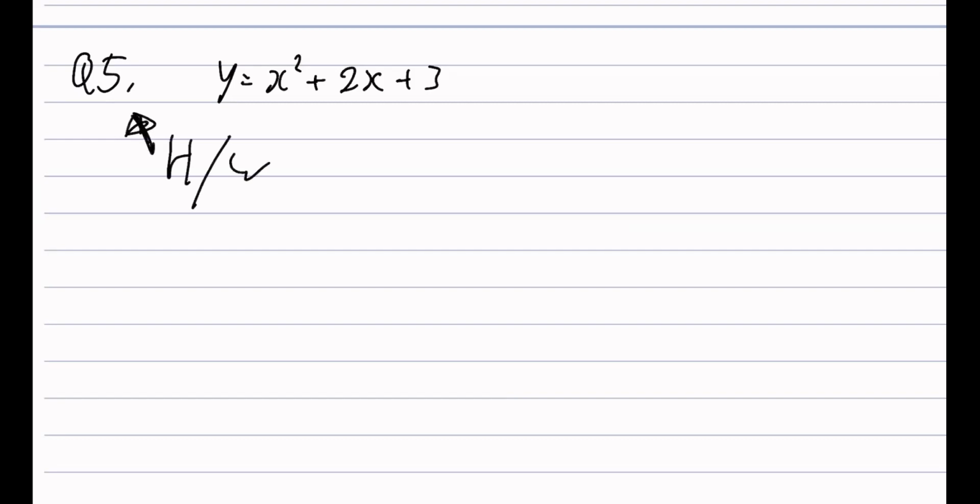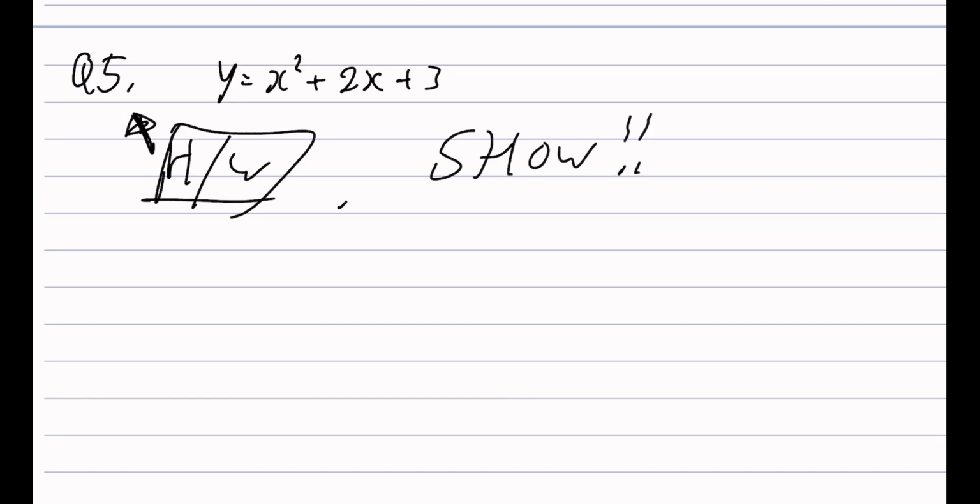Homework. To show left hand side equals right hand side, just find dy by dx, find d2y by dx squared, then square it and cube it. Just make sure you know the notation. Then equate to 4 times y, 4 times x squared plus 2x plus 3. It's just long-winded, and you need a bit of binomial expansion.